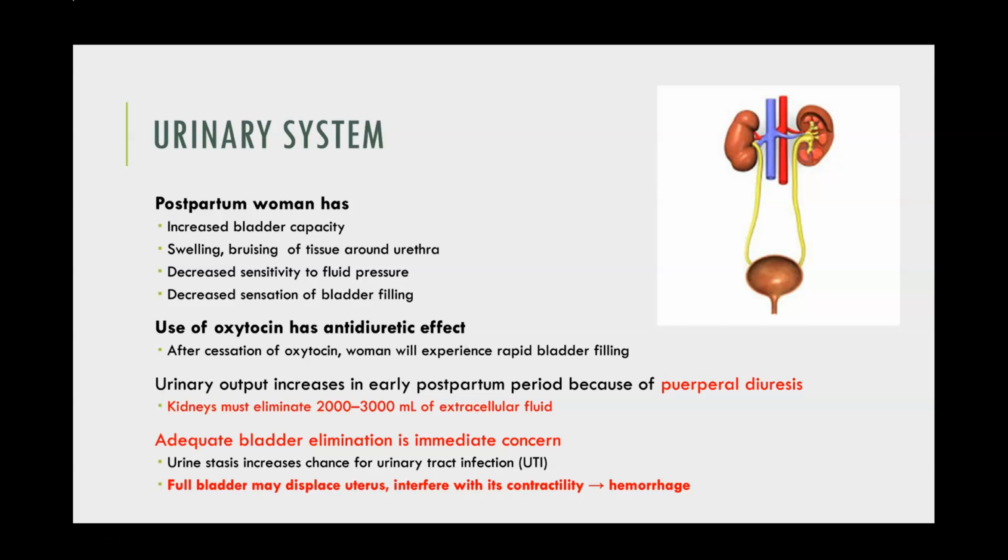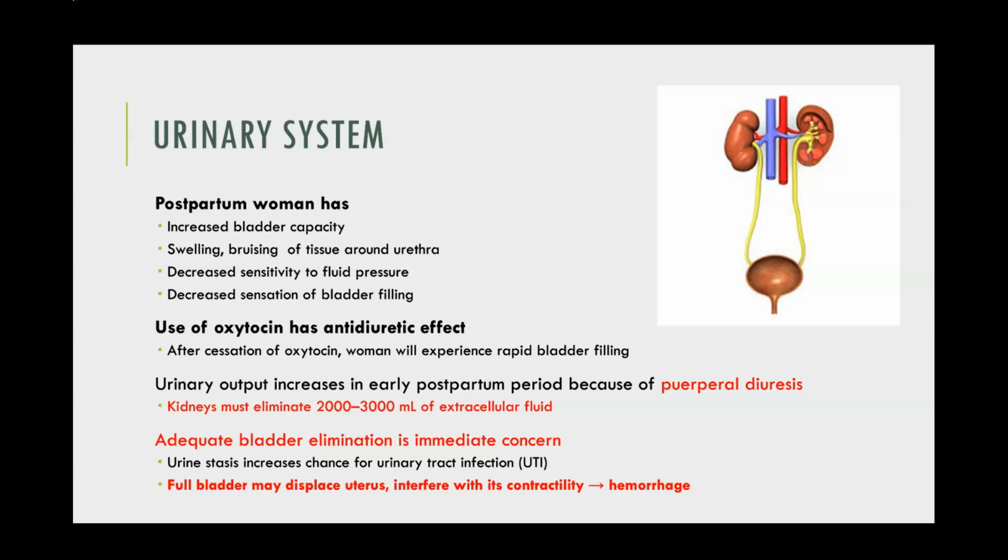The postpartum woman's urinary output is going to increase tremendously during the postpartum period because of puerperal diuresis. Their kidneys are going to put out somewhere between 2 and 3 liters of extracellular fluid after delivery.